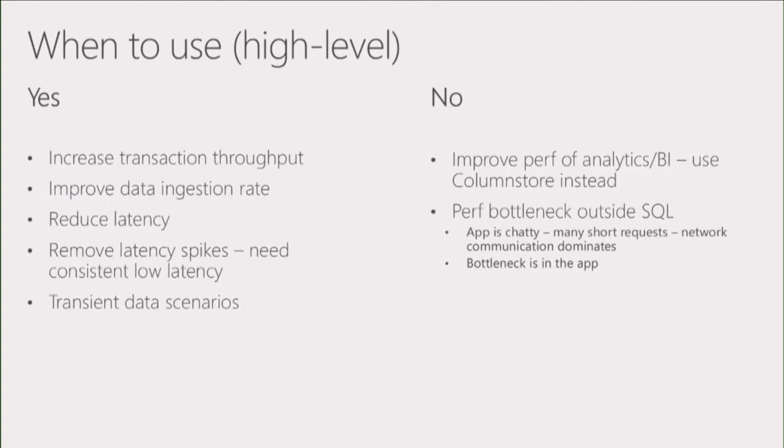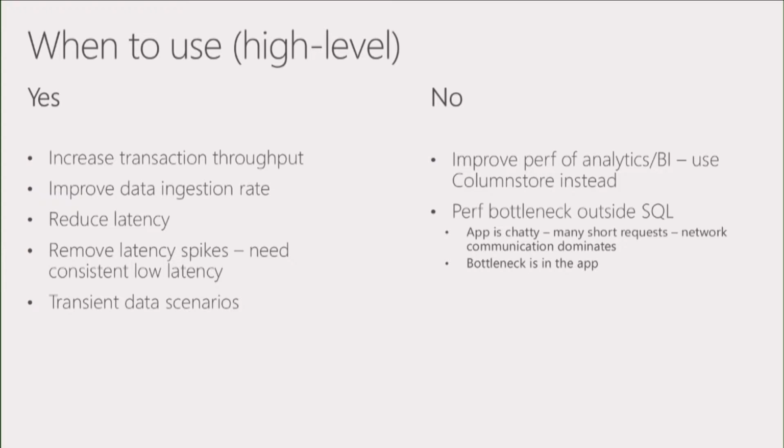If the performance bottleneck is outside of SQL: in-memory OLTP optimizes the transaction processing that's done in the database engine. But if in your workload you spend a lot of time in, for example, network traffic going back and forth to the server, and you spend only like 5% of your time in the actual transaction processing, well, we can make that maybe 1% or 0.5%, but for your overall performance, it's not going to be that big of an improvement, right?